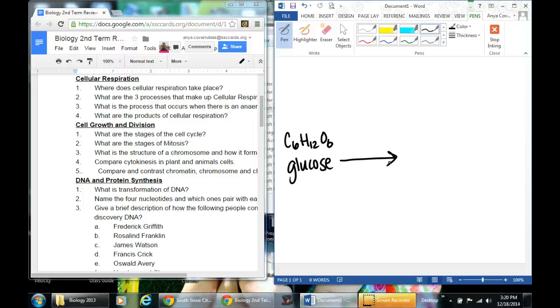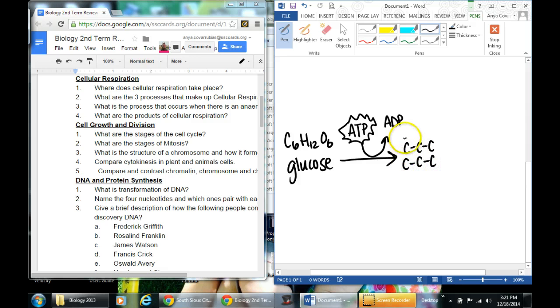And so in the first part, we're going to use some energy from ATP, and we are going to, of course, produce ADP, but we're going to produce a very unstable molecule, 2 3-carbon chains, and they have kind of extra electrons on them.